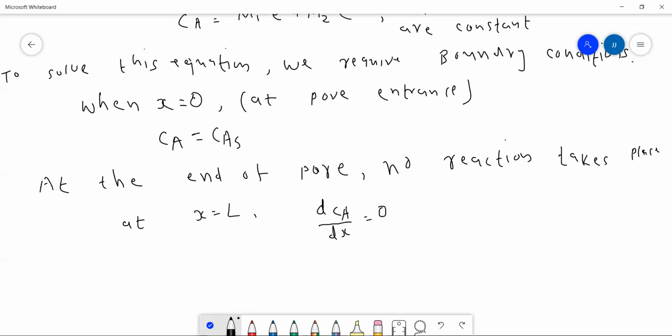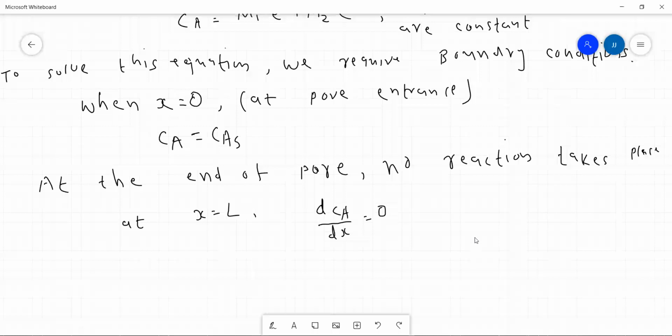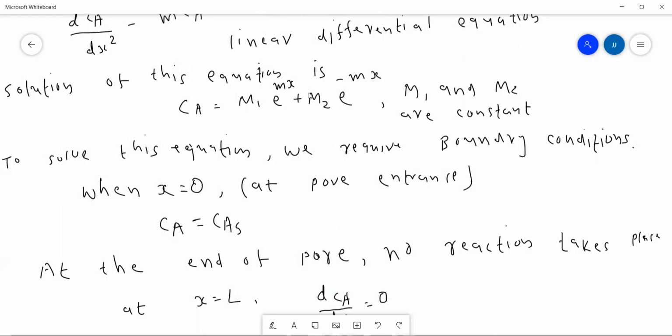We need to differentiate this equation with respect to x and substitute dCA by dx is equal to 0. So let's differentiate this equation with respect to x.